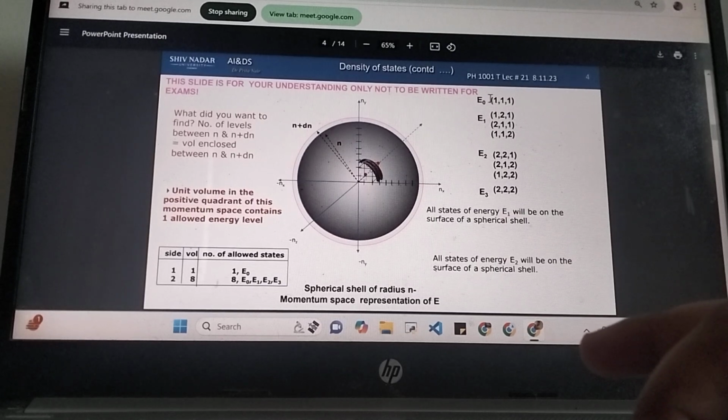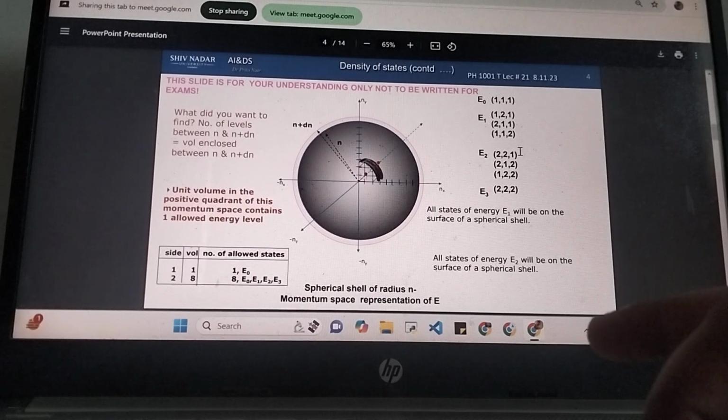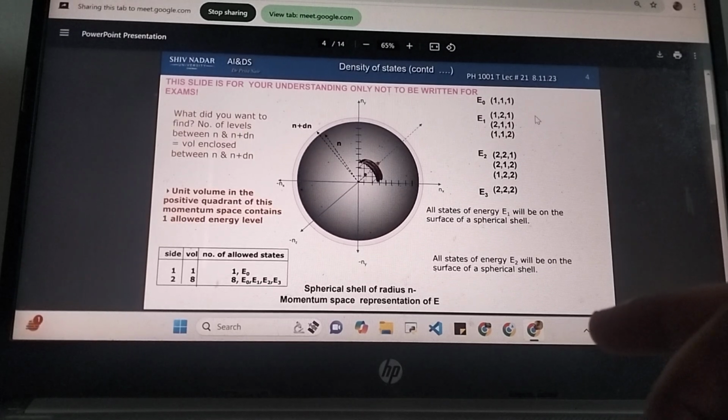If you take the total energy as nx squared plus ny squared plus nz squared, this will give you 3. Any of these will give you 6. This will give you 4 plus 4, 8 plus 1, 9. Any of these 3 will give you 9 and this will be 12. So there are 4 possible different energies, but we are not going to consider the energy as such.